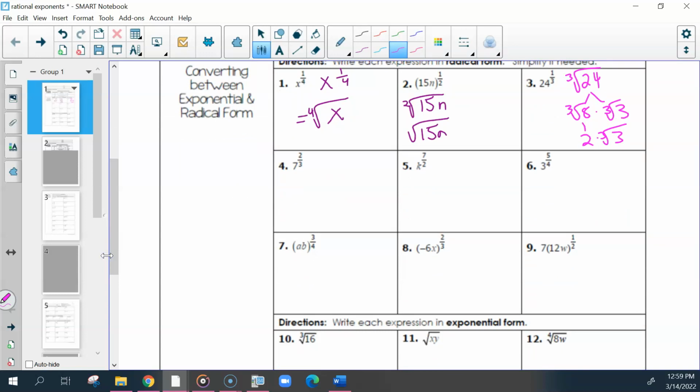7 to the power of 2/3. So that would be the 3rd root of 7 squared. Now, if we just left this as is, we couldn't simplify it. But we can take 7 squared, which is 49, and then from there, your perfect cubes, you have 8 and 27, and I think that's it.